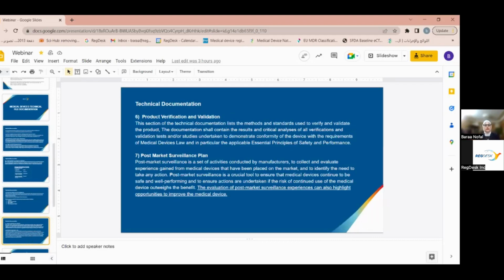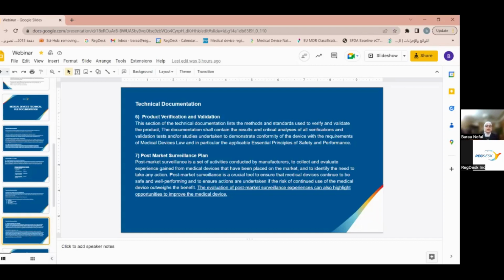This section of the technical documentation lists the methods and standards used to verify and validate the product. The documentation shall contain the results and the critical analysis of all verification and validation tests and/or studies undertaken to demonstrate conformity of the device. So this section is very important, and for Saudi FDA, they emphasize it more than 100%, because this section will reflect to the authority that the device has conformity and is valid and verified.